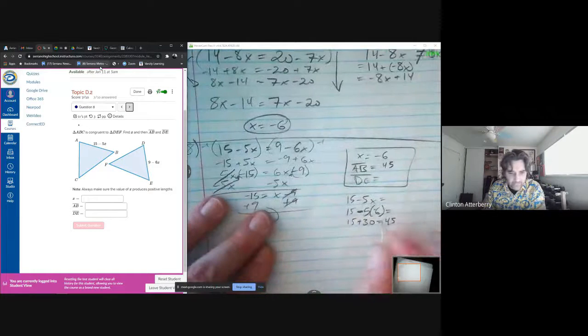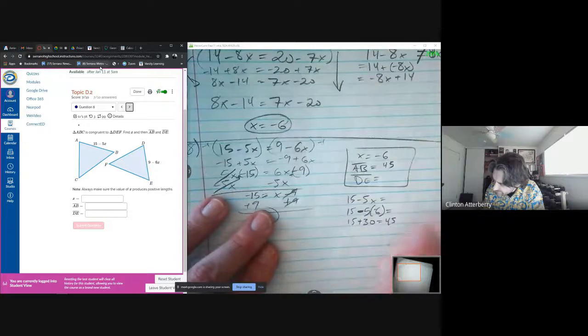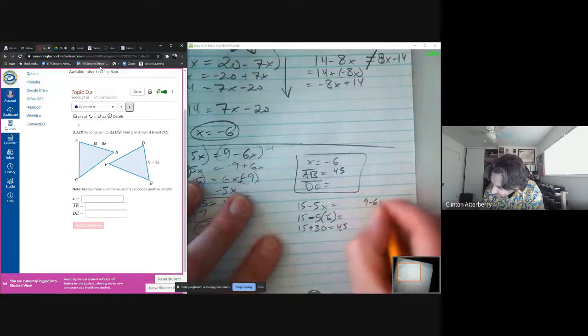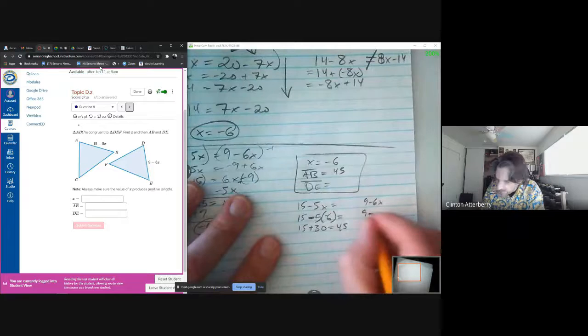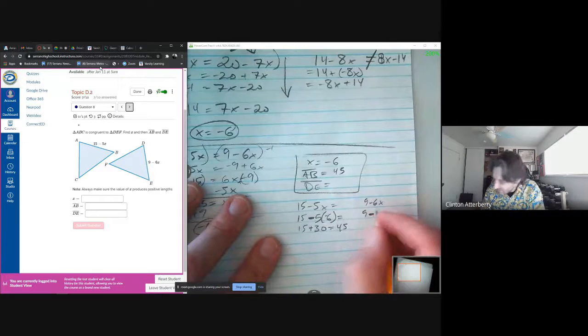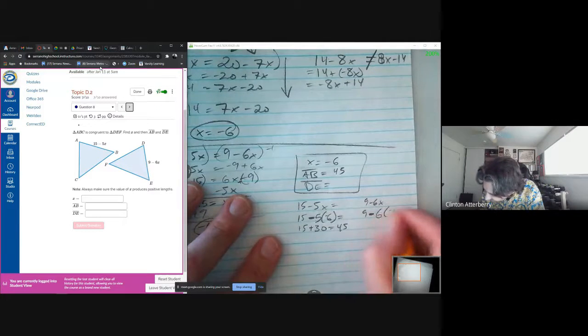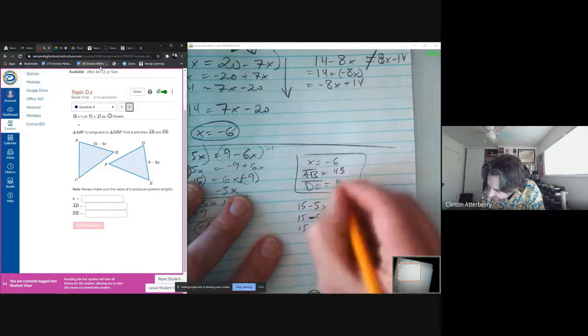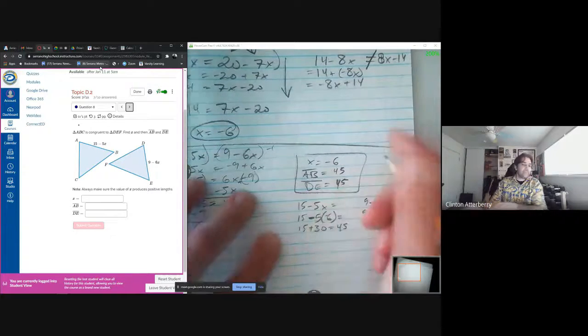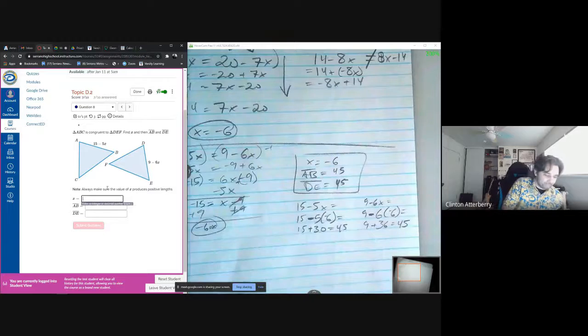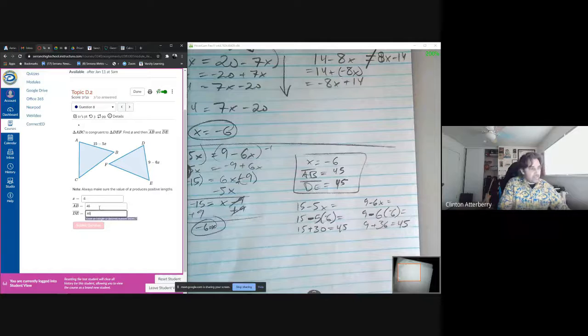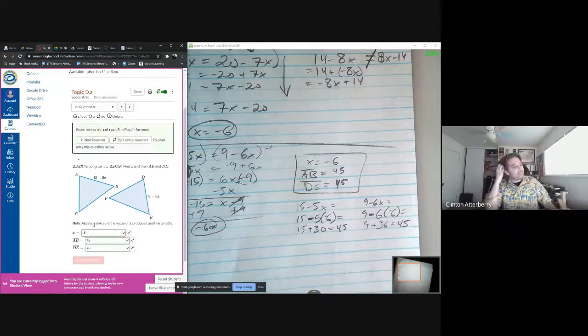So let's double check. 9 minus 6x. However, x is equal to -6. So that is 9 plus 36. And it's a positive 45 as well. Okay. All right. So we have -6, 45, and booyah, 100%.